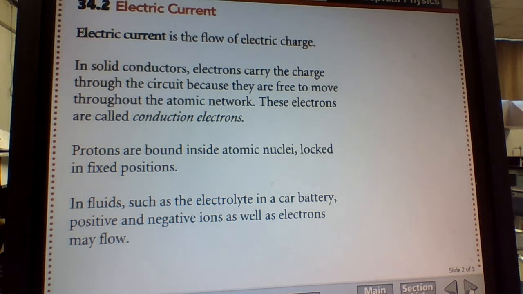Positive and negative ions can flow, as well as electrons, inside an electrolytic solution, but you're not going to see the actual proton moving around. It's just a positive ion.